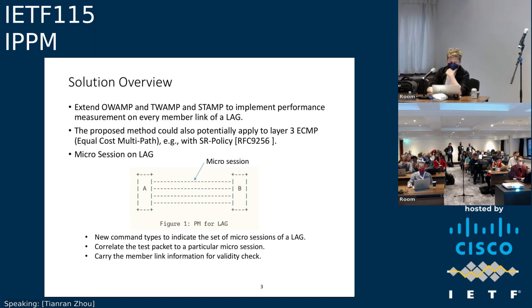So we extend a new command type to indicate the set of micro sessions of the LAG. And we use an identifier to correlate the test packet to a particular micro session and carry the member link information for validity check. Next.